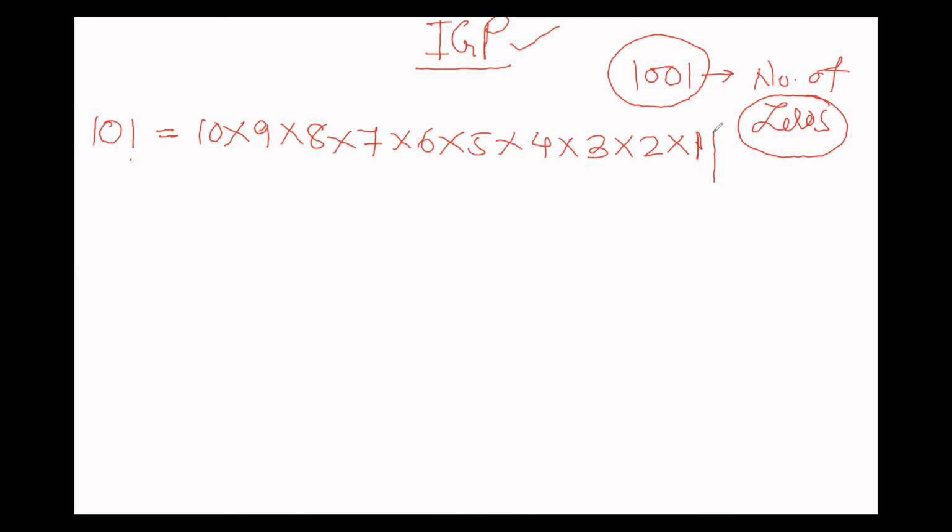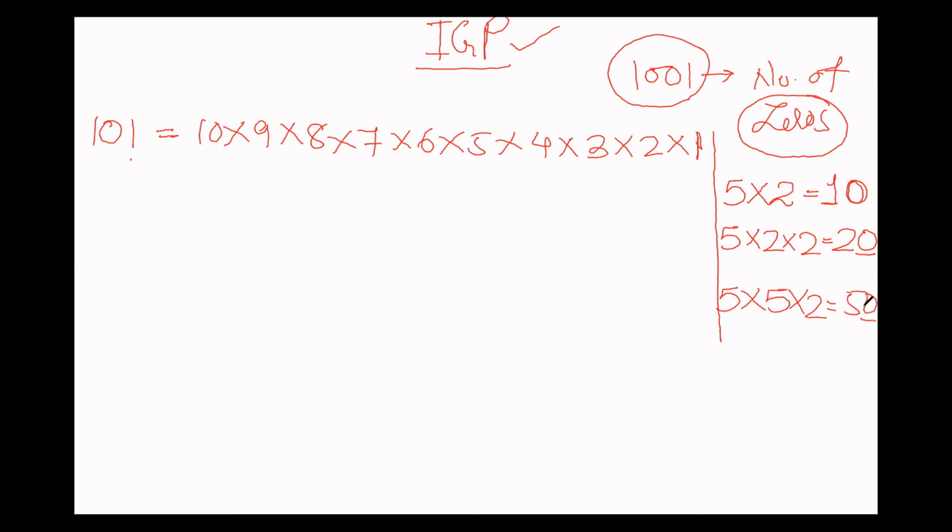If I have one 5 and one 2, how many zeros will I get? One 0. Excellent. Now I take one 5 and two 2s. Still I get only one 0. Let me take two 5s and one 2. I will get one 0.